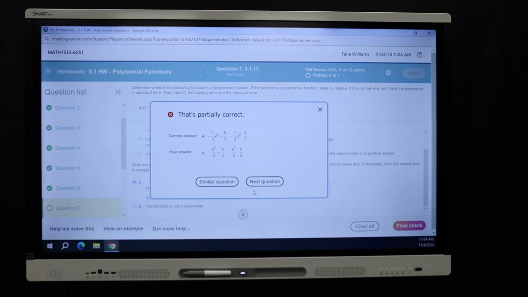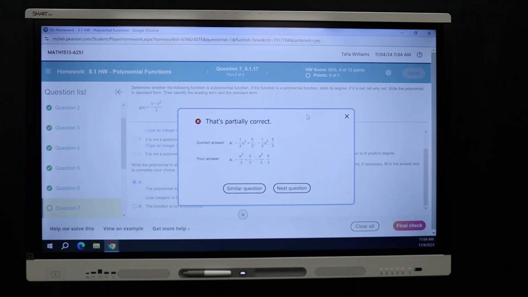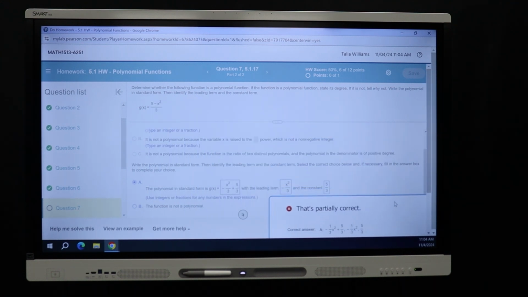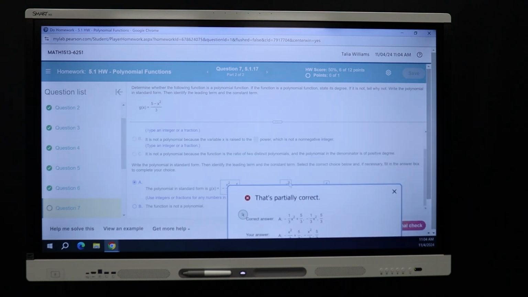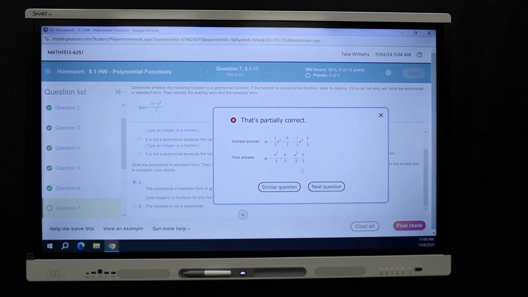Oh wow. Identify the leading term, select the correct choice below, fill in the answer. So they wanted me to put a 1/3 with it. Okay, whatever. Here. We'll do another one.